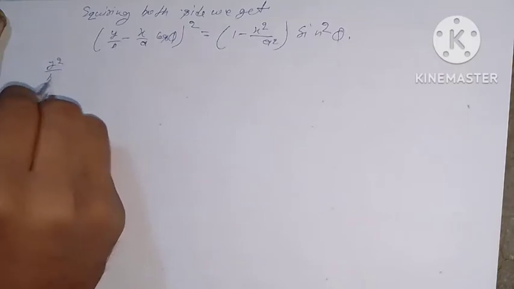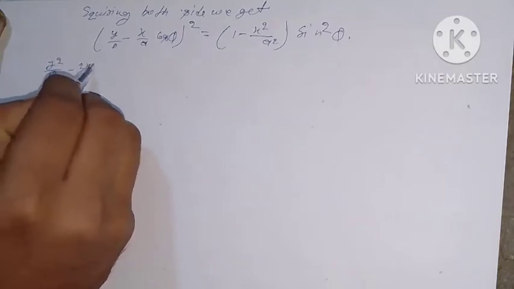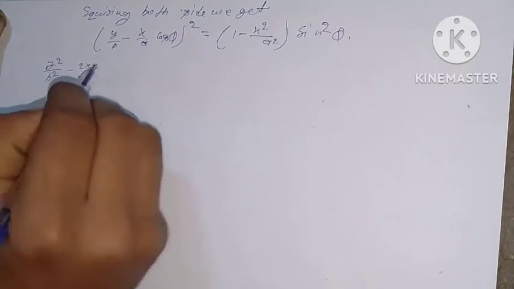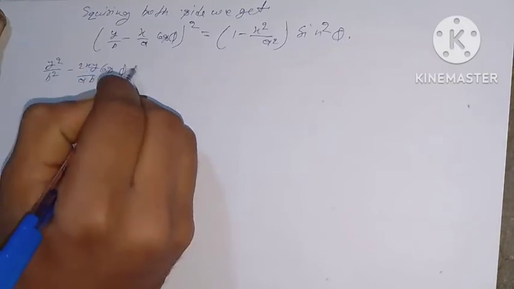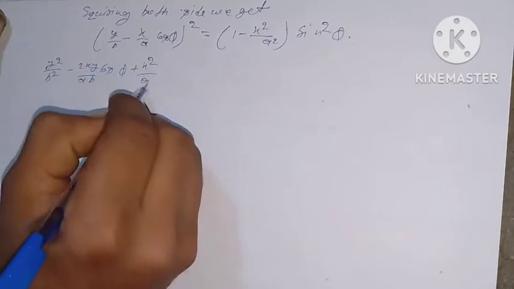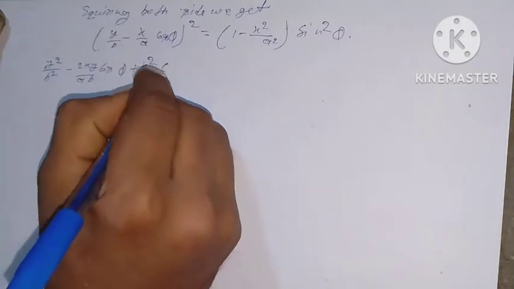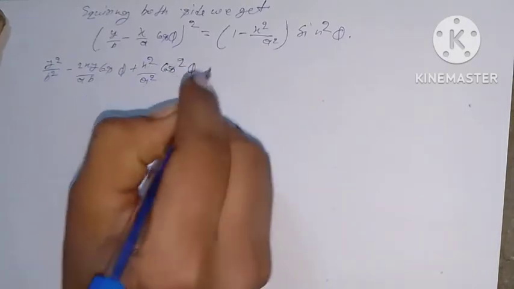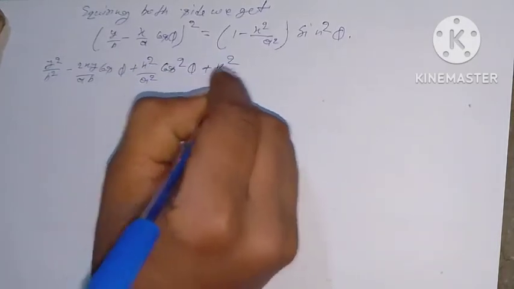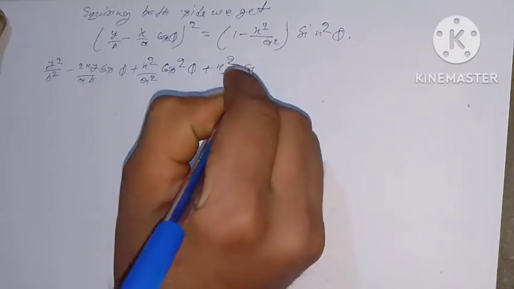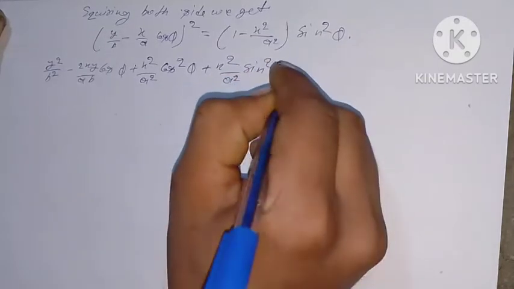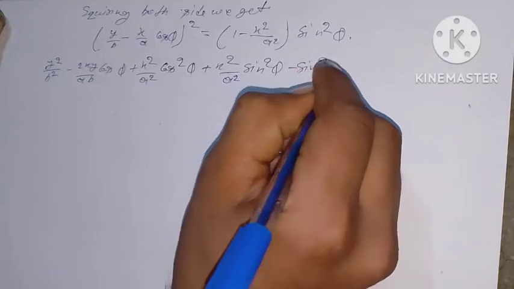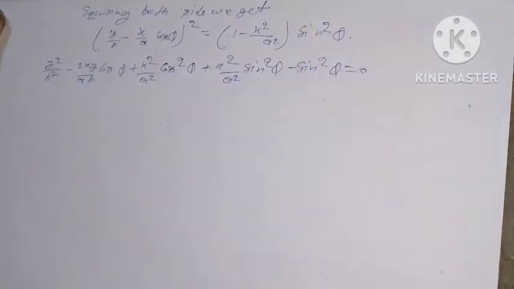y square upon b square minus 2xy upon ab cos phi plus x square upon a square cos square phi plus x square upon a square sin square phi minus sin square phi equal to 0.